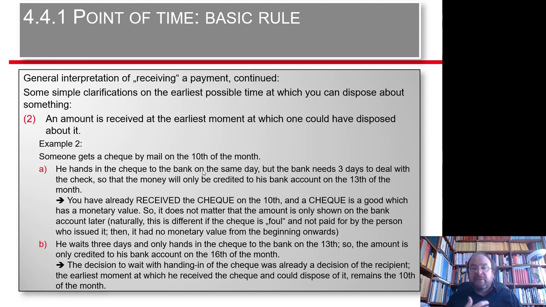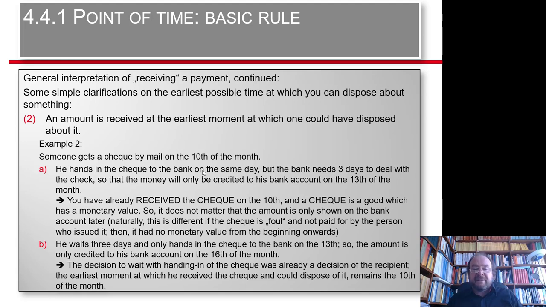The same with a check. Imagine you get a check by mail on the 10th of the month, and now, surprise, if you bring it to the bank it usually needs some 2 or 3 days before the money comes. But you received that check already on the 10th, and revenue is not only money but also any good or asset which has a value in money.